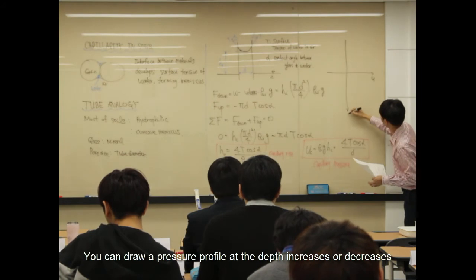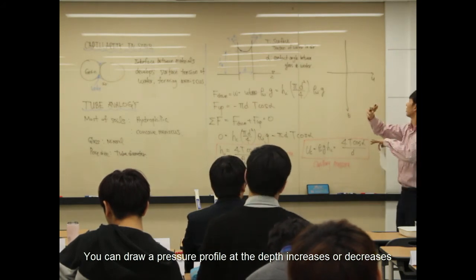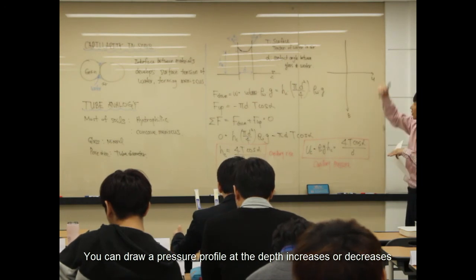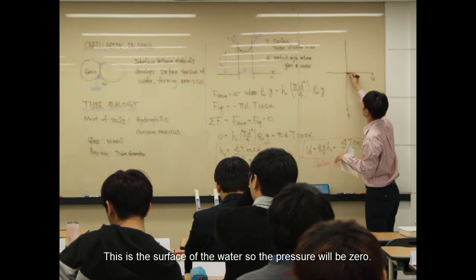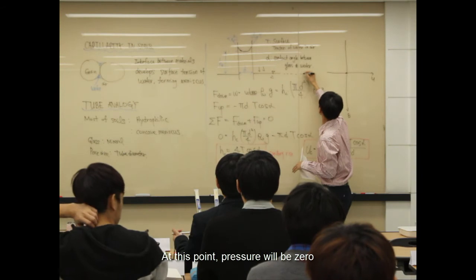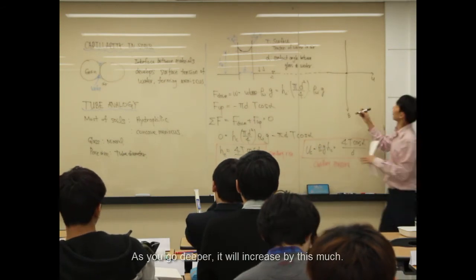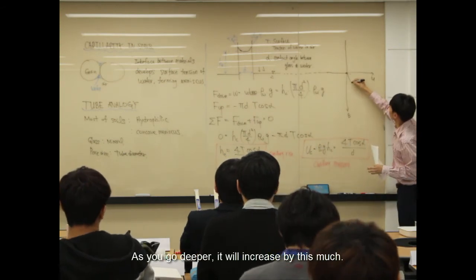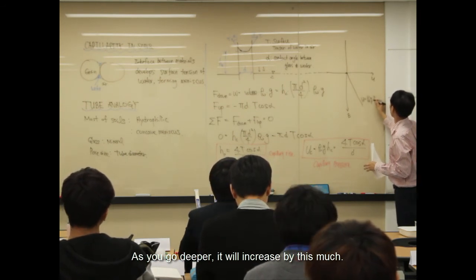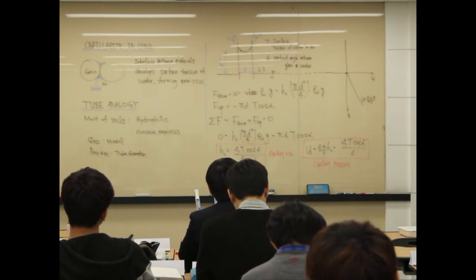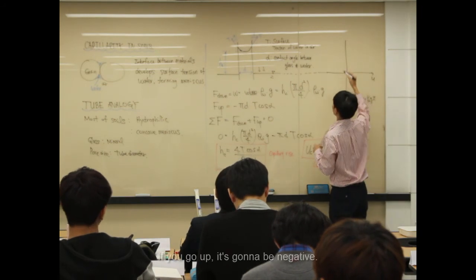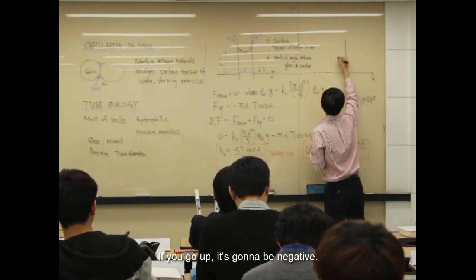You can draw a pressure profile as the depth increases or decreases. This is the surface of the water, so the pressure will be zero, right? At this point, pressure will be zero. And as you go deeper, it will increase by this much, density times g times depth. And if you go up, it's going to be negative.